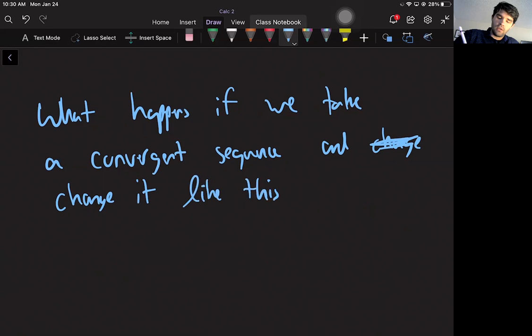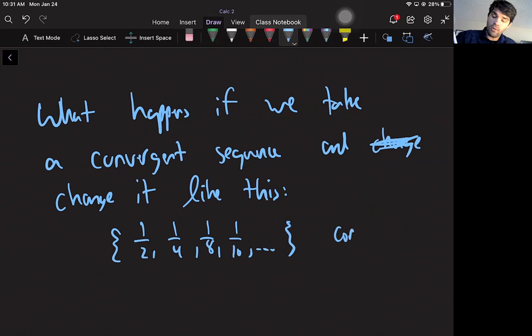So let's change it like this. So something that was convergent, 1/2, 1/4, powers of 2 on the bottom, like this. This converges to 0.